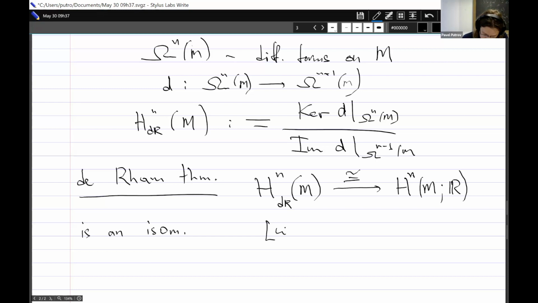So we take some representative in the de Rham cohomology, which is given by some n form, and we need to map it to an element of singular cohomology. Here we use the following statement.